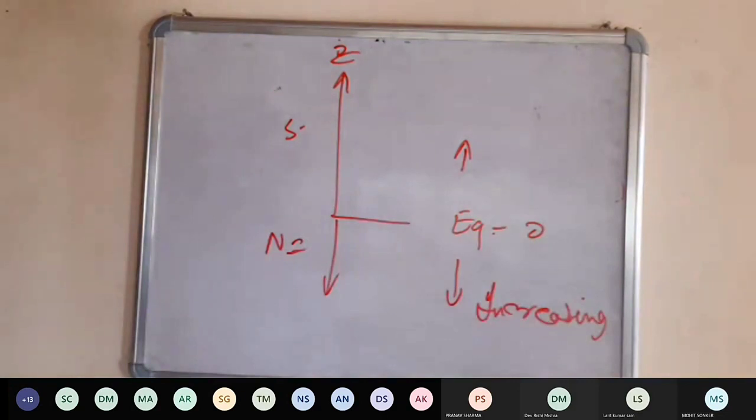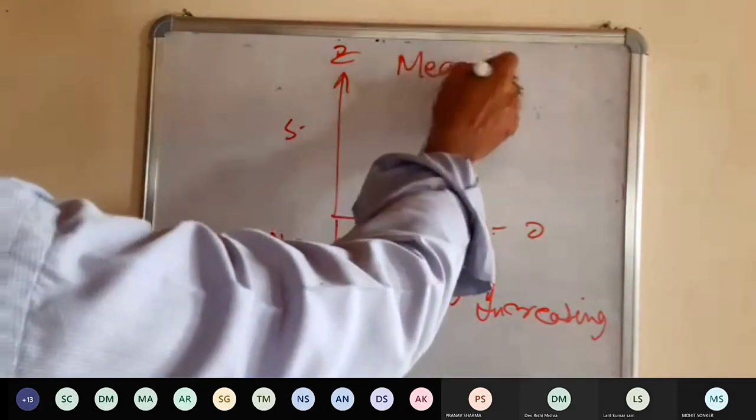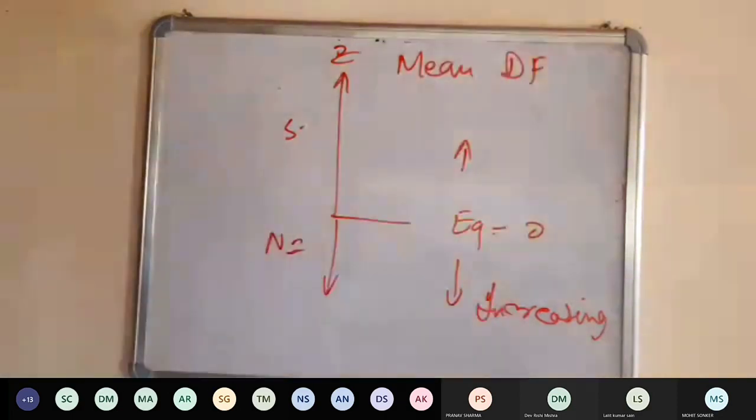There is a term which is normally used when talking about this compass, the mean directive force. Now, what is the mean directive force? This term may be coming in respect of all these coefficients.